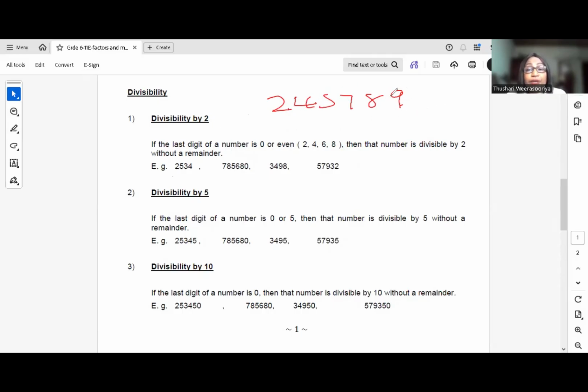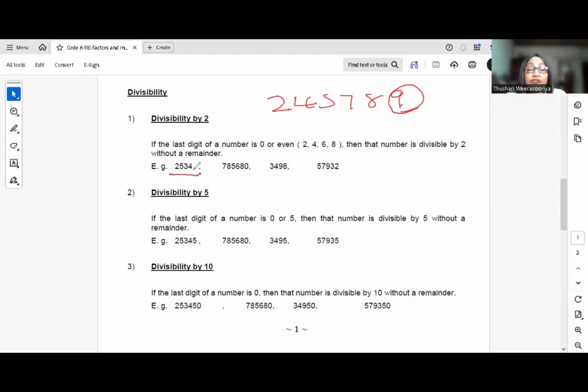Don't divide. Quickly you can tell whether it's divisible by 2 or not by looking at the last digit. If the last digit is even, 0, 2, 4, 6, 8, then that number is divisible by 2 without a remainder.